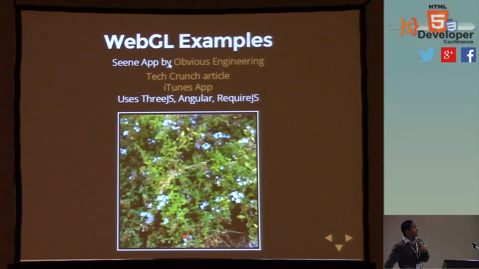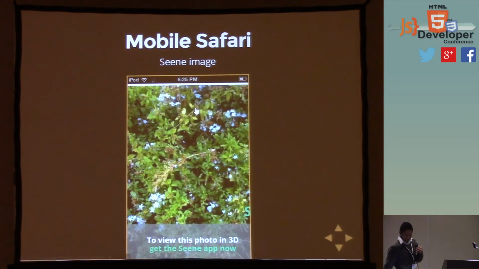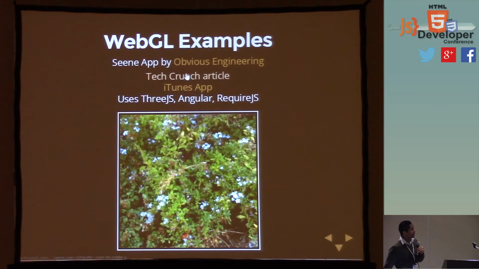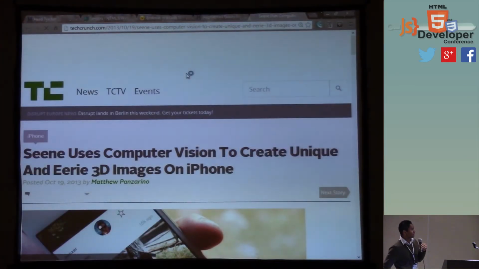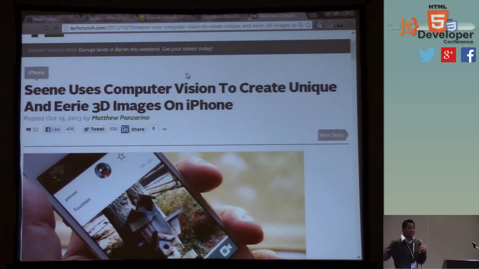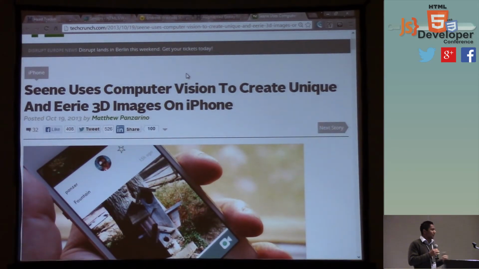I'll just do this quick example here. Has anyone seen the Scene app? I just came across this last week, and I thought it was pretty cool. There's an article here. It's another mobile augmented reality application.